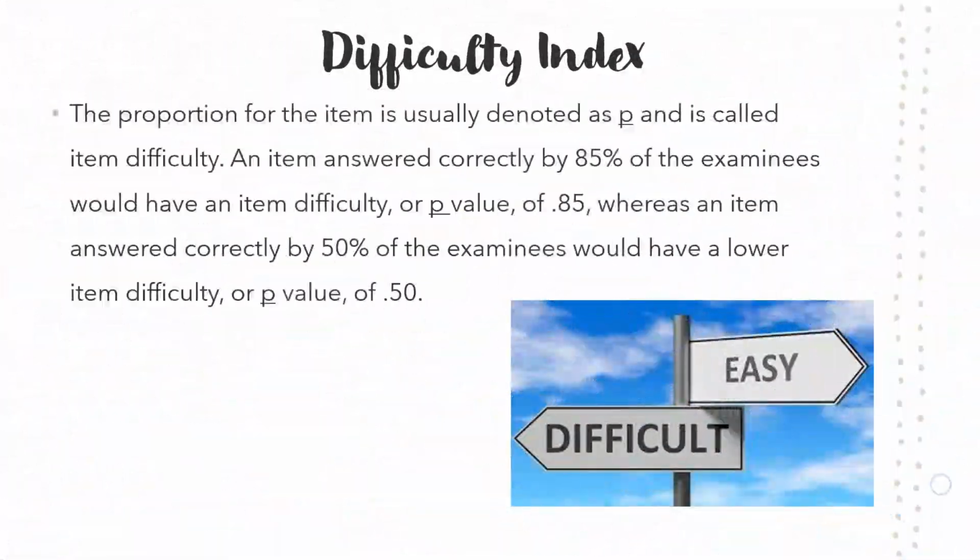So what has to do with the difficulty index? Well, the proportion for the item is usually denoted as a P, and we call it the P-value, or the difficulty index. If 85% of the examinees got an item correct, then we say that the p-value is 0.85. If 50% got it correct, then it would be 0.50.